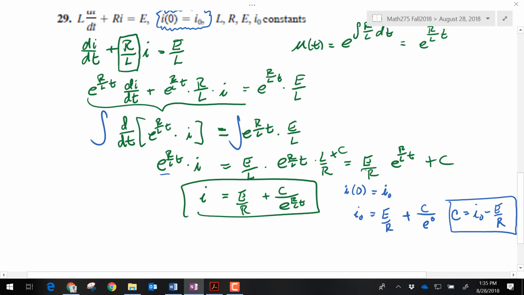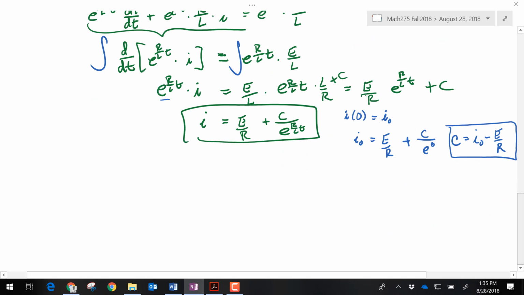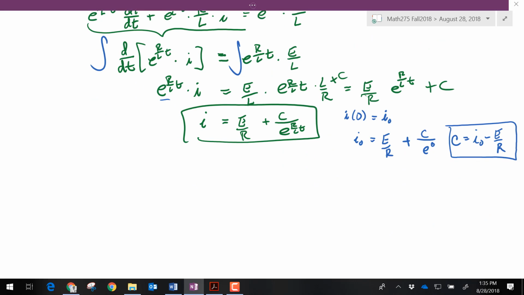So it looks like our constant is I sub 0 minus E over R. See if we can put all that together.